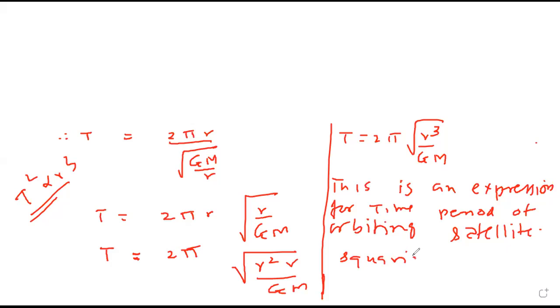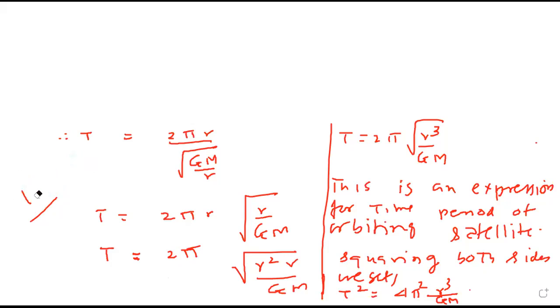Sometimes they don't ask to derive the expression for time period of satellite, but they will say show that T square is proportional to r cube in satellite. So I will say squaring both sides, we get T square equals 4 pi square r cube upon Gm. Is 4 pi square constant or variable?